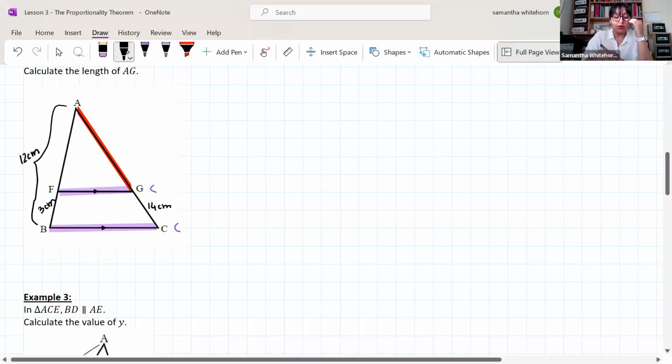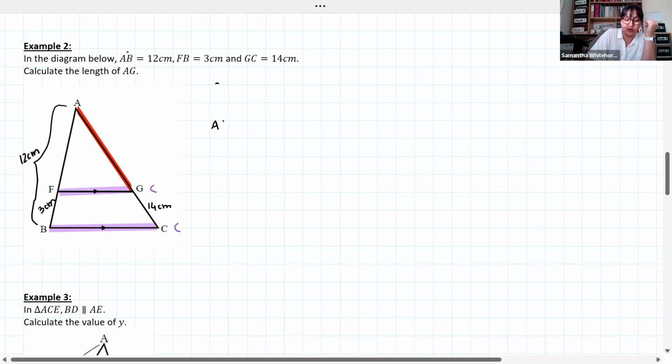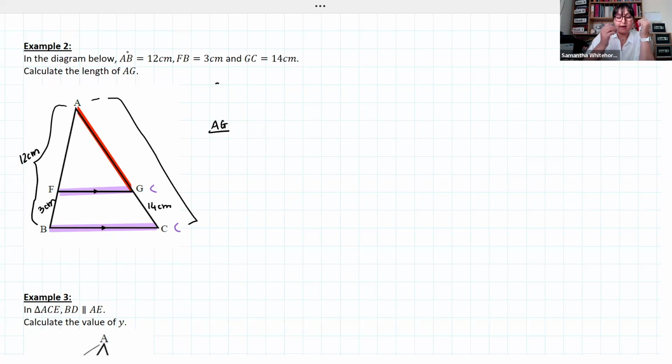In order to do that, I would start in my very first fraction's numerator with the side I want. So I want AG, and that's what I'm going to start with. AG over. Now, AG is on the side length AC. I'm going to look at that and decide what information I already know on that side length. The piece of information I already know is that GC is 14 centimeters. So I'm going to put this over GC.